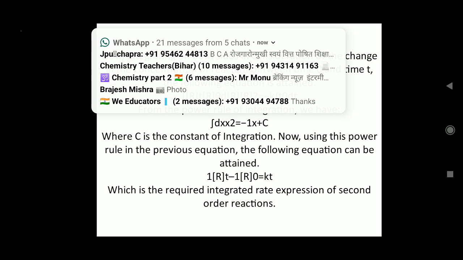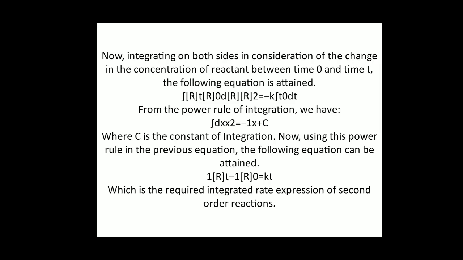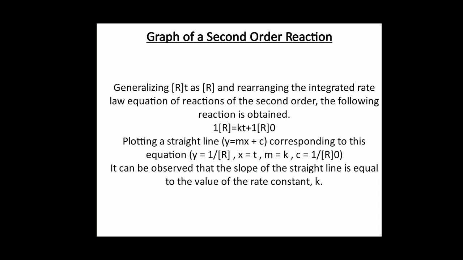Now using this power rule, in the previous equation the following equation can be attained: 1/[R]t minus 1/[R]0 is equal to kt, where [R]t is the concentration at t and [R]0 is the concentration at 0. This is the required integrated rate expression for second order reactions.